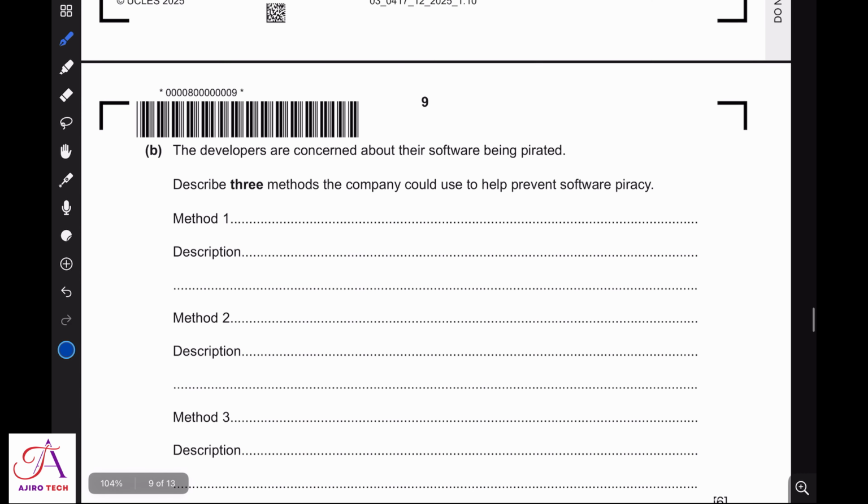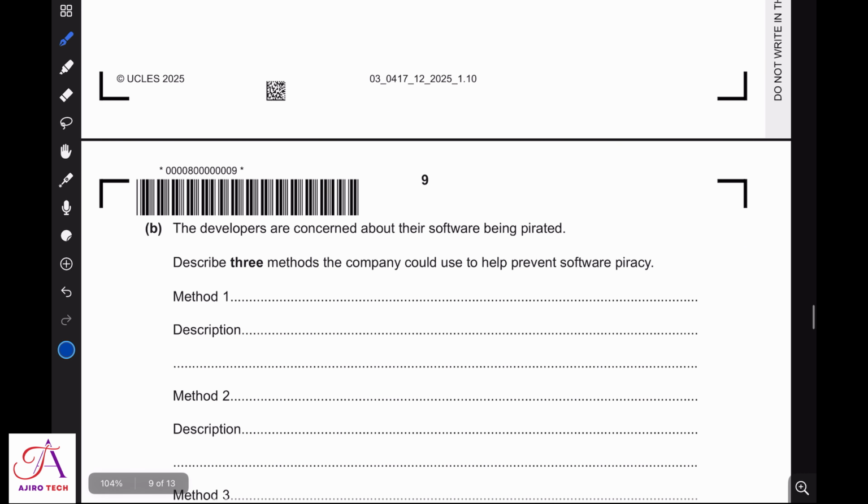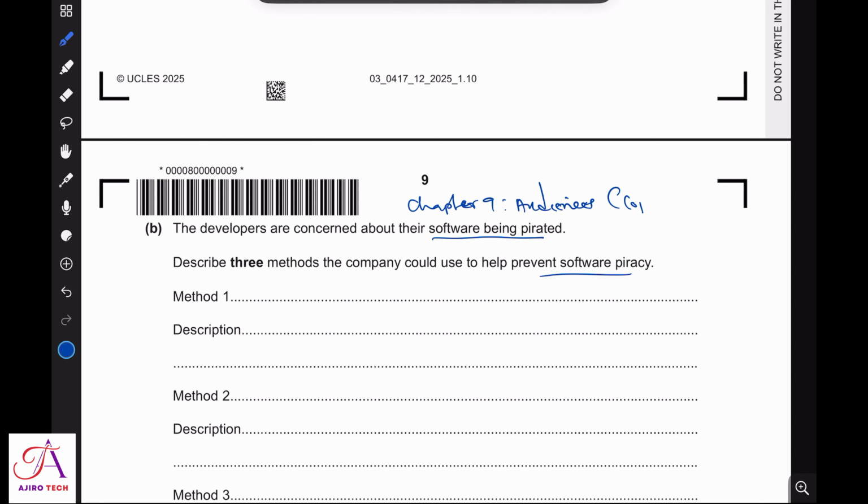All right. The developer is concerned about the software being pirated. Describe three methods the company could use to prevent software piracy. So this is also chapter 9, and I'm going to be very specific with this. This chapter 9, audiences, and under the audiences, rather, we're looking at copyright.